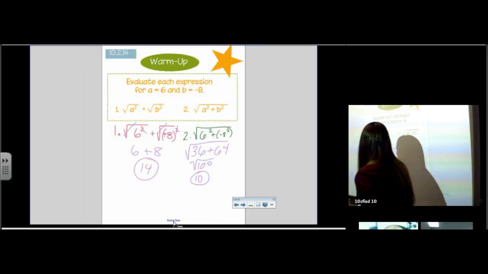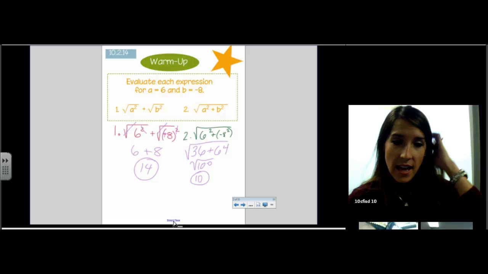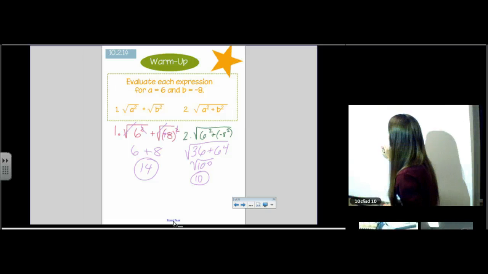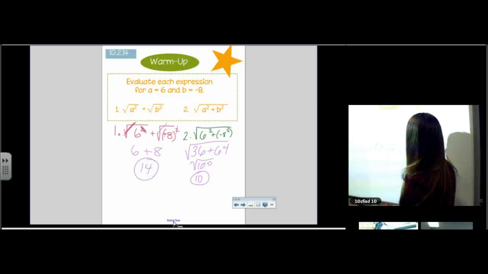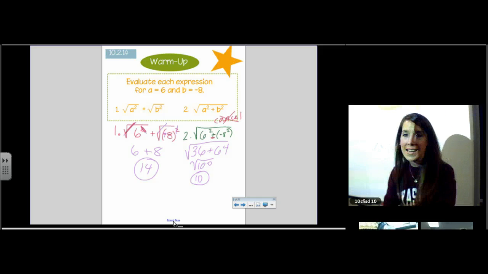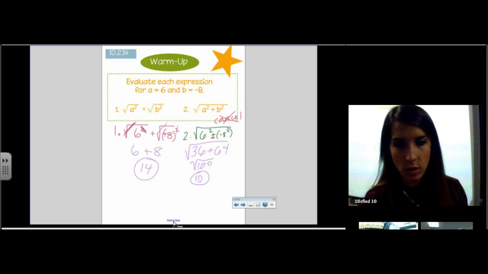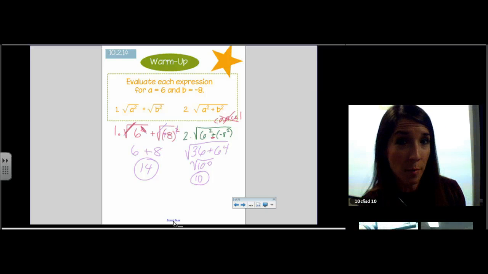The lesson that we wanted you to learn from this warm-up is that on these you can cancel the squared and the square root. You can. But on this you cannot cancel the squared and the square root, because you have that addition underneath the radical. So you can't just cancel the squared and the square root, even though they are inverse operations.